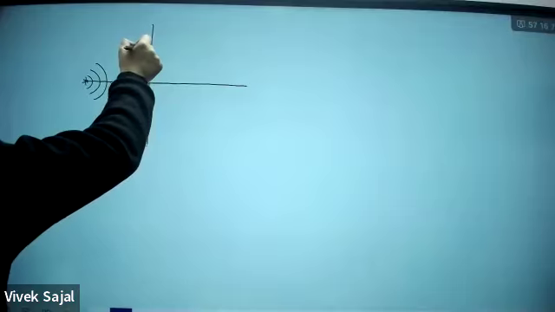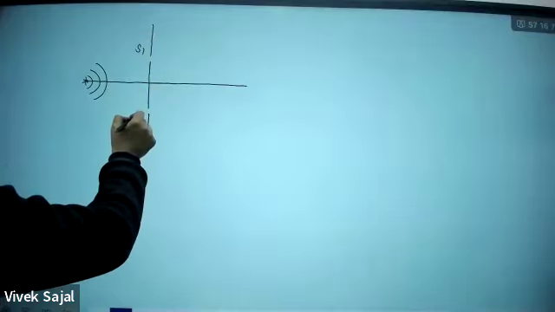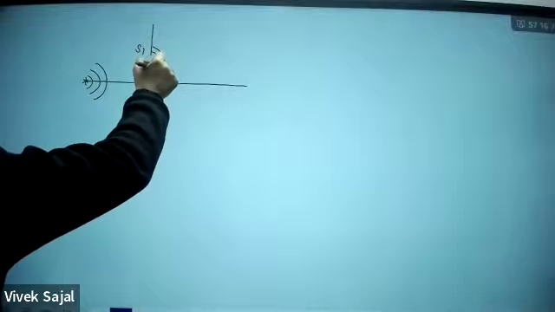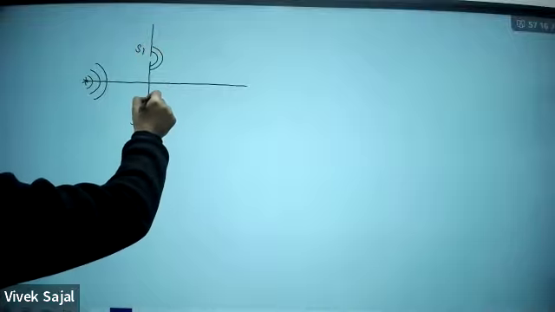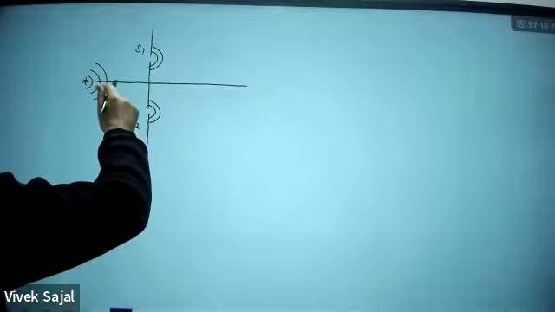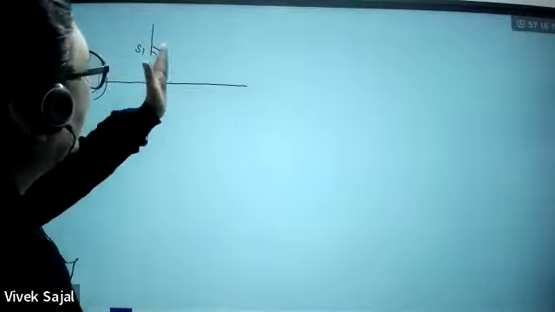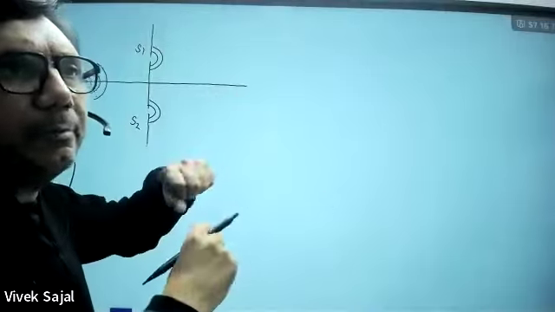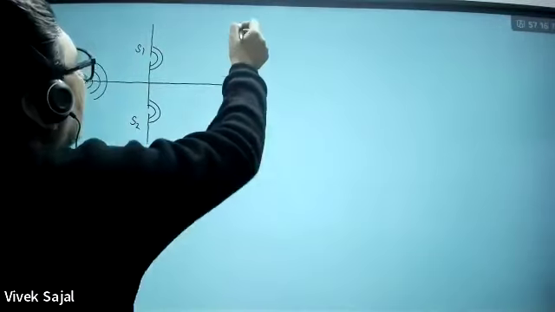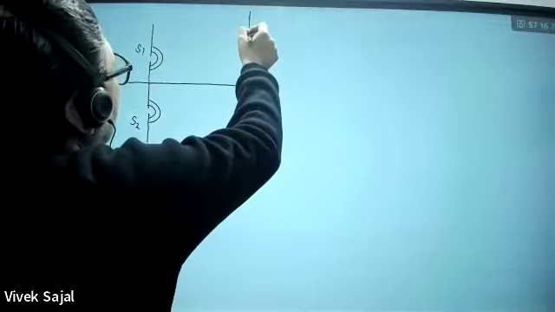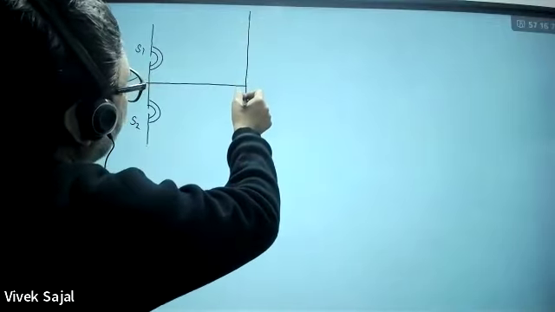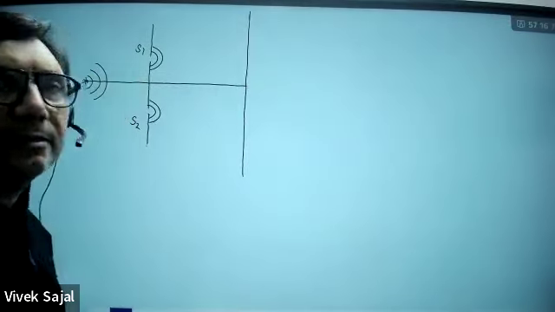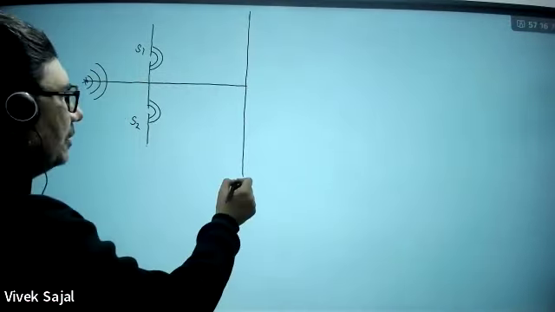So these are two slits, S1 and this is S2. When these wavefronts propagate in the forward direction and expand, they will start overlapping, interference will take place, and we can observe this stationary pattern of interference. We will get that interference pattern here on this screen.